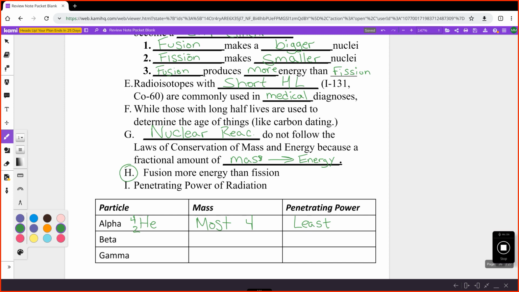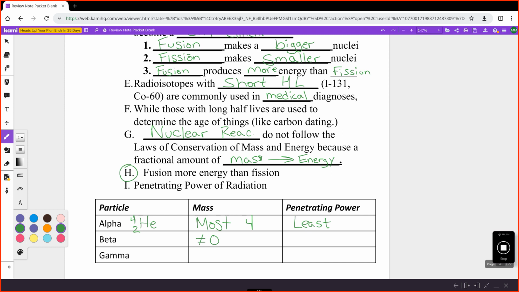Beta particles have the middle amount. They don't exactly have 0, right? Because it's an electron. But it's basically 0. At the Regents level, we say electrons and positrons have no mass. But they have a very, very small amount of mass.